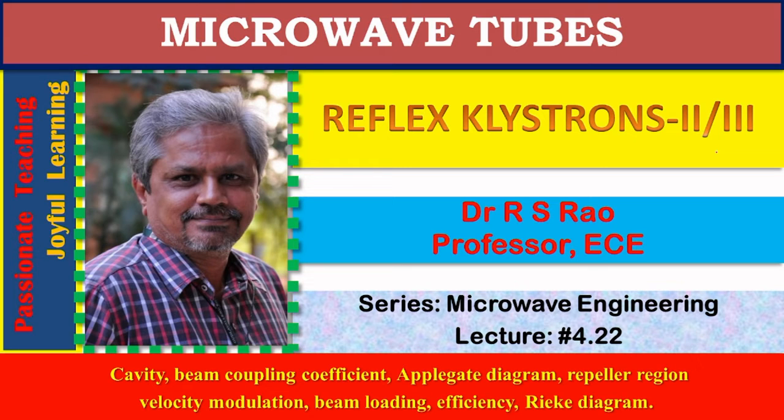Along with the modes, aspects like repeller protection, equivalent circuit of the device, and the tuning mechanism that exists in these devices are described, discussed, and elaborated in the present session.